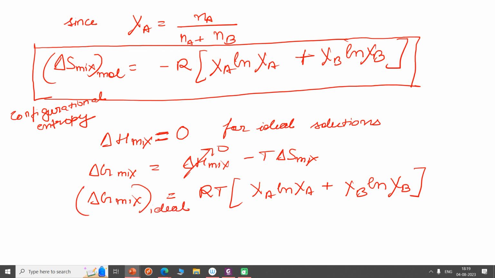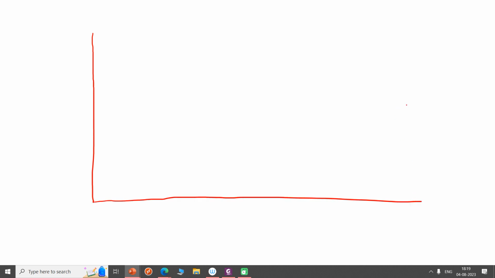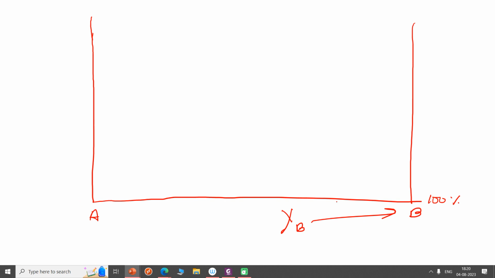And how does it vary? If we just take the plot, this here is B, this is A, and this is the mole fraction of B. So this is 100% B here, and this is 0% B here, right?